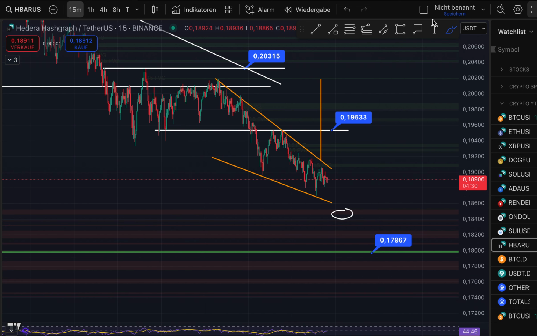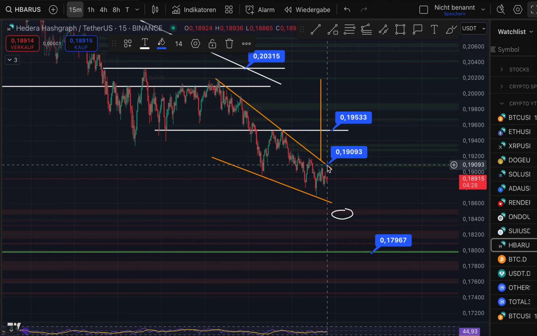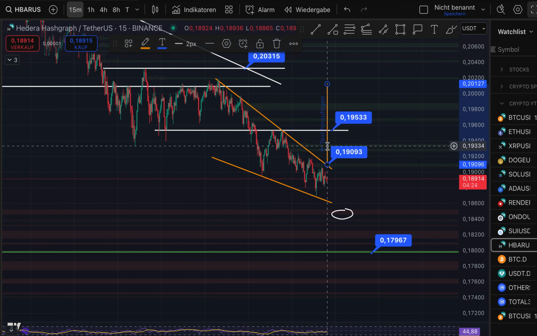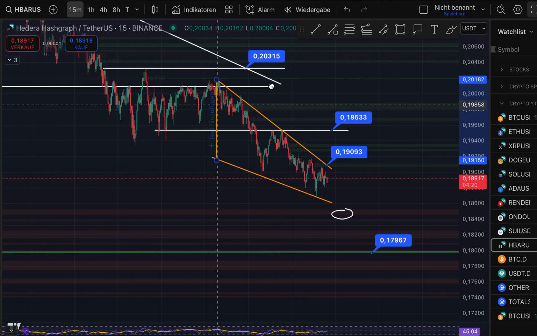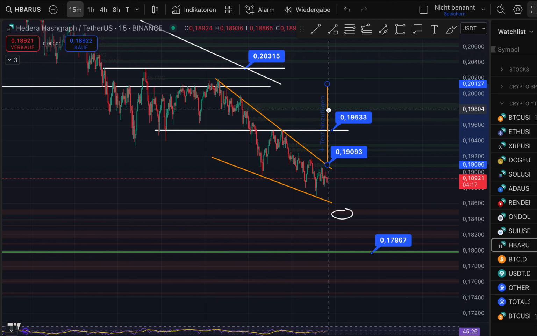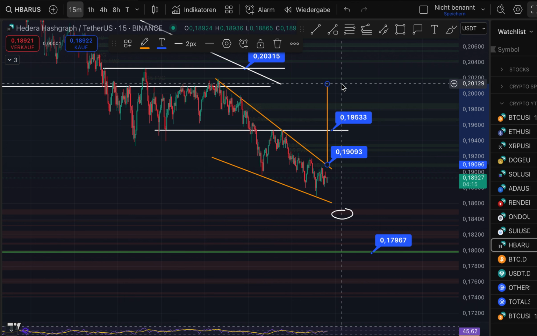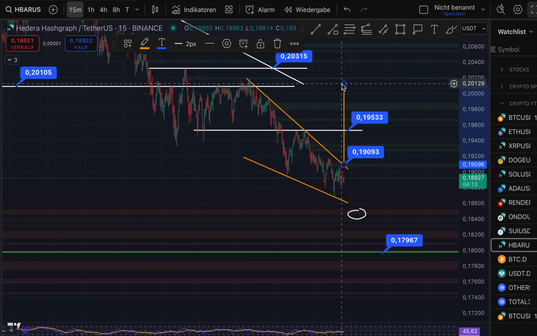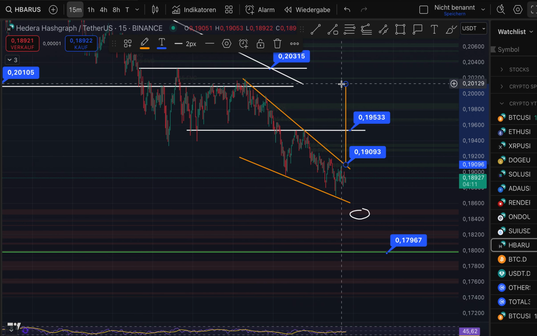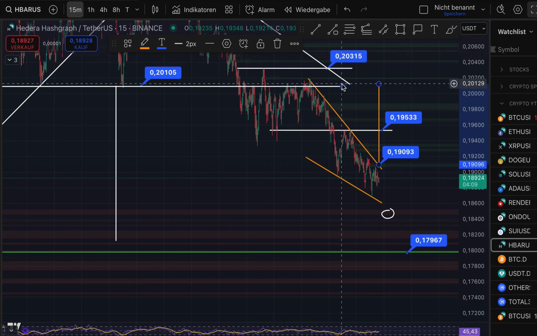Falling wedge has to break to the upside to get activated. It's the 19.1 cents. Then I can take the spread of the falling wedge, put it to our breakout point. Target 20.1 cents. What is the 20.1 cents? Yes, resistance.